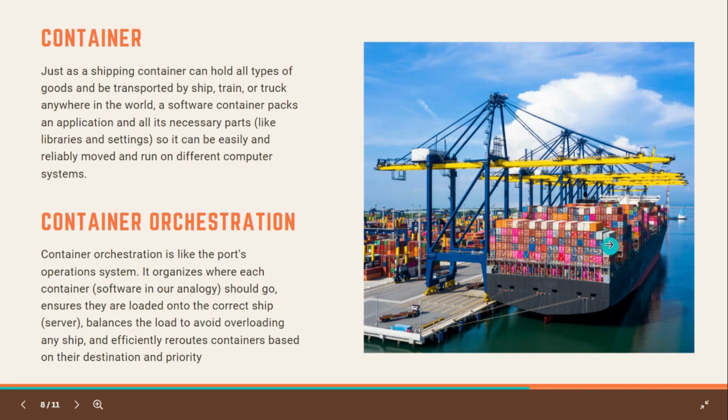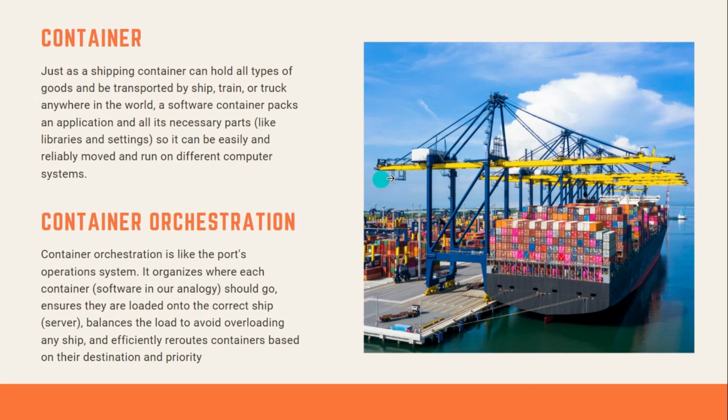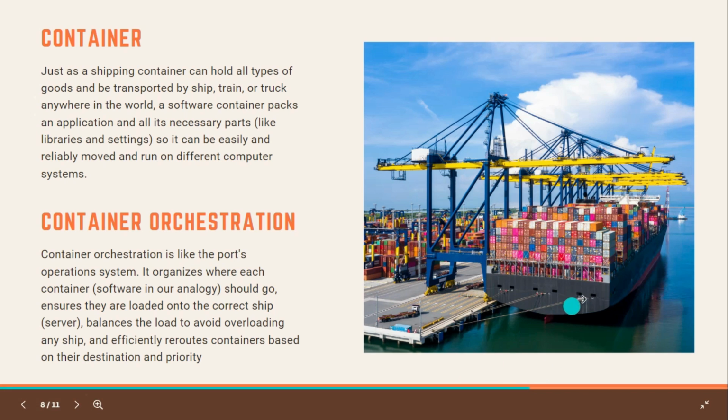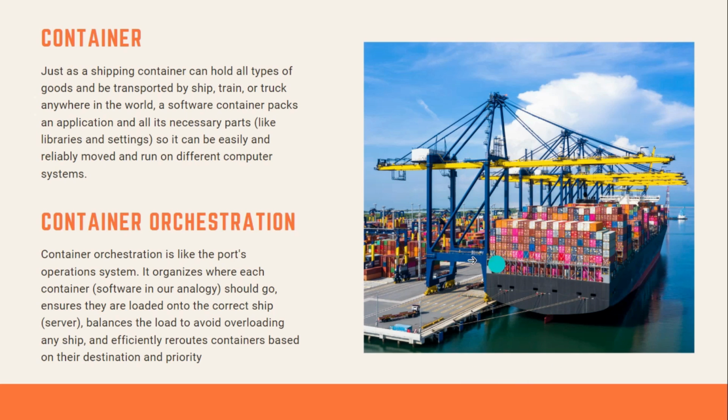So who is managing all that? Someone is managing all these cranes, sitting somewhere. They are seeing the load and managing everything, and once this is filled, they will send this ship and ask another ship to come and start docking into that ship. So like this you can visualize container orchestration happening.